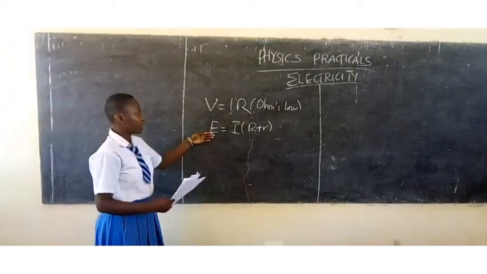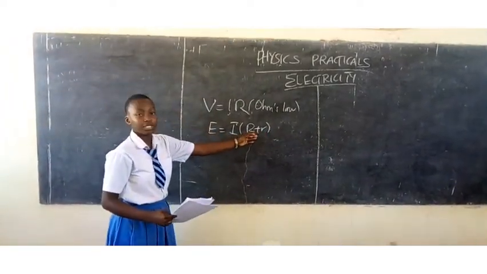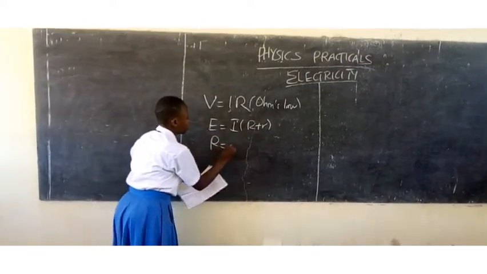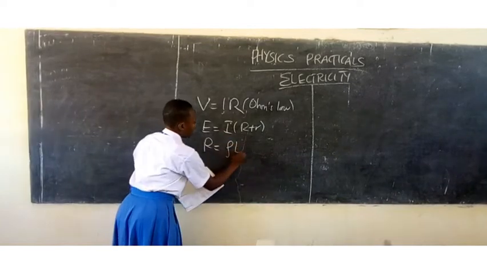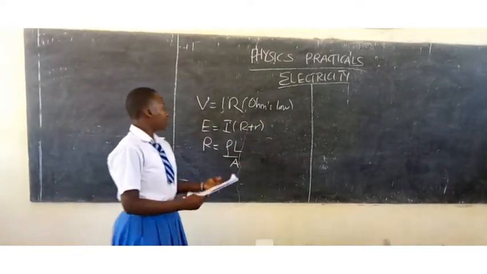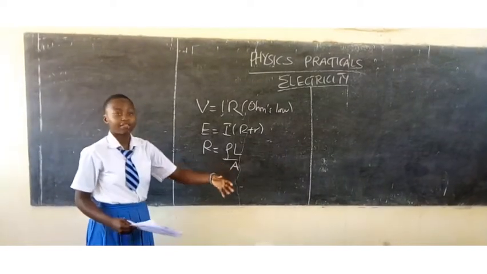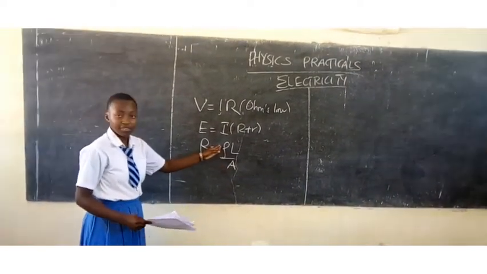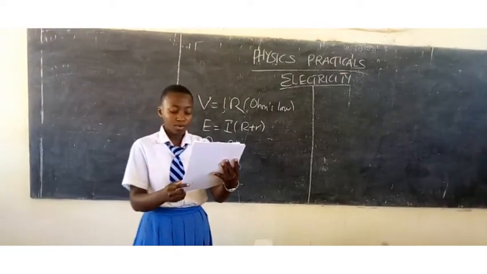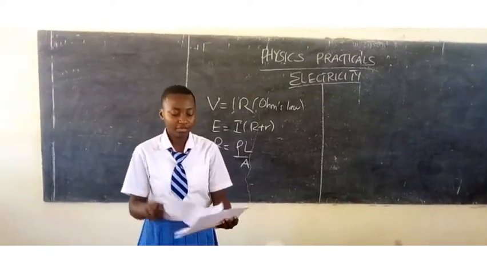This is EMF, current, external resistance, internal resistance. Also, we have R equals resistivity times L over A. This equation is from the factors that affect resistance, which include resistivity, length of the conductor, and area of the conductor. Also, temperature can affect resistance.